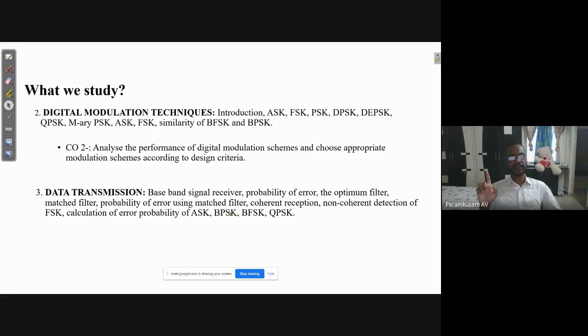Whereas in analog communication, the analog signal is transmitted. Suppose it is between -5 volts to +5 volts. Now that signal is transmitted. When the receiver receives the signal, suppose it receives 4.5 volts.